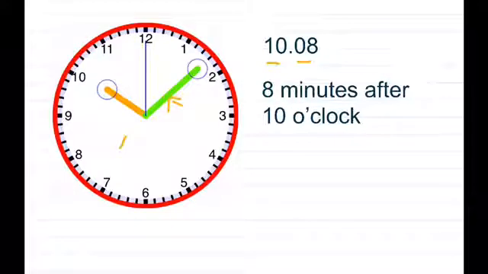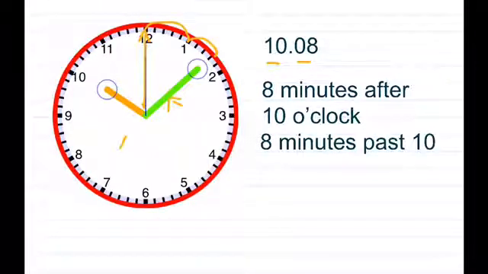How many minutes have passed after 10 o'clock? Again, looking back, imagine the minute hand pointing at 12 to show 10 o'clock, and then moving forward, following a clockwise direction, until it lands at 8 minutes. So we say that 8 minutes after 10 o'clock is the same as 10:08.